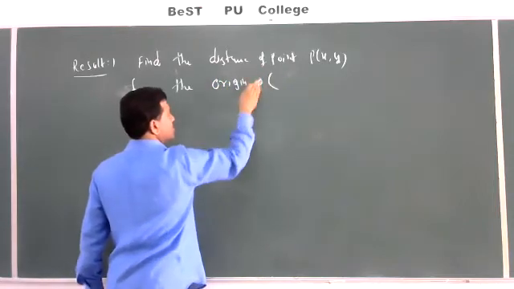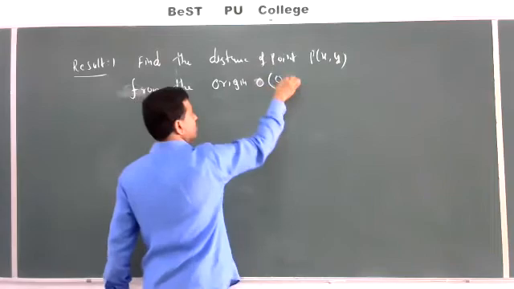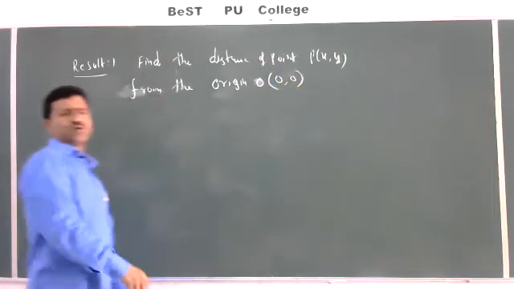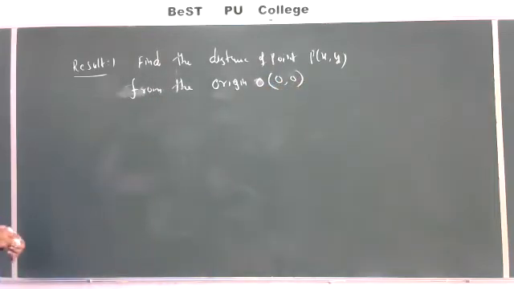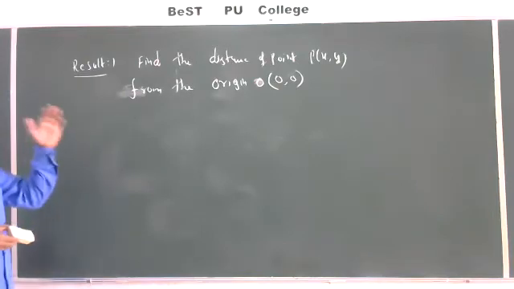That is O, the origin, (0, 0). Find the distance of the point P(x, y) from the origin (0, 0).